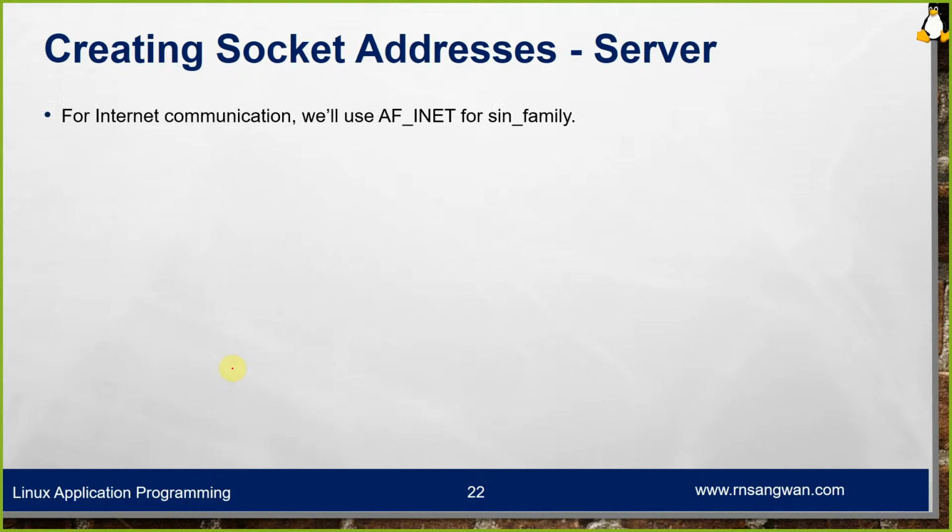For internet communication, we'll use AF_INET for the socket internet family, that is S for socket, IN for internet, and family. The field sin_port defines our port number in network byte order.